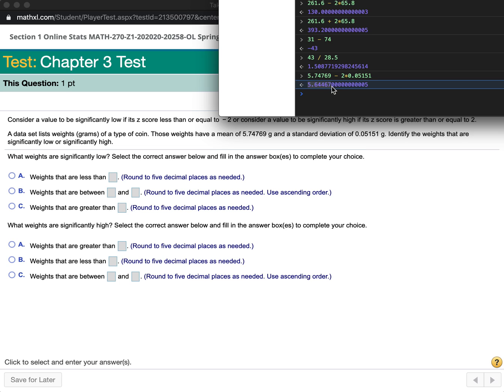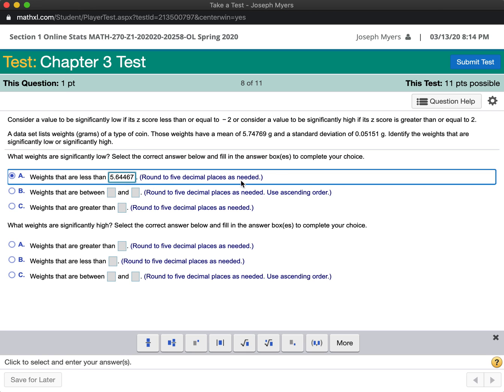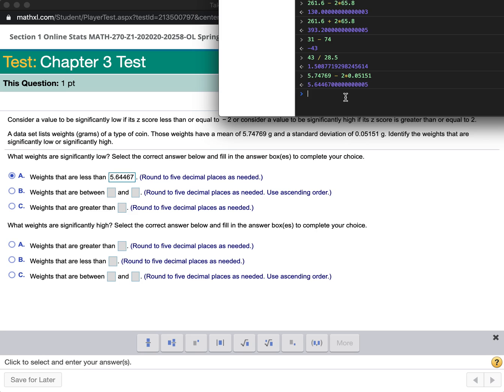It wants 5 decimal places of accuracy, so 5.64467. So significantly low would be weights that are less than that.